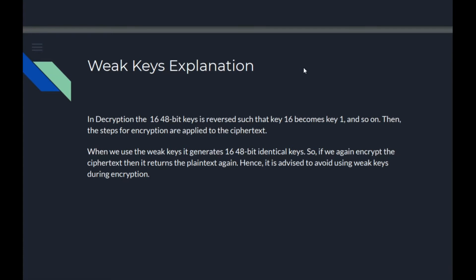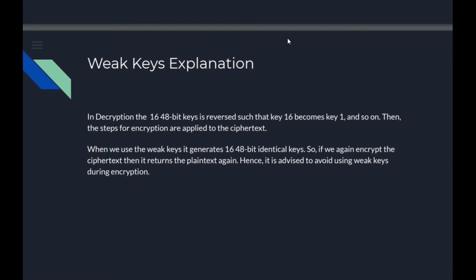If all 16 keys are identical, then reversing them won't change anything, so it is the same as before. So encrypting 2 times is treated as encrypting 1 time and decrypting the 2nd time. When we encrypt 2 times using a weak key, it will again generate the plain text. So we should avoid using weak keys during encryption. Let's see using an example why we shouldn't use a weak key.